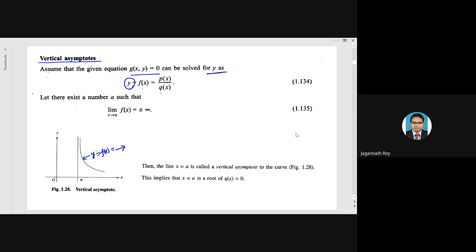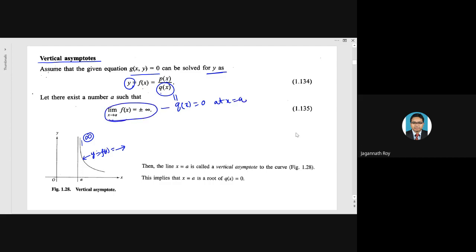This will be going to infinity at the point x equals a, either to positive infinity or negative infinity. That will be discussed. The only case is when we have the denominator q(x) equal to 0 at x equals a.